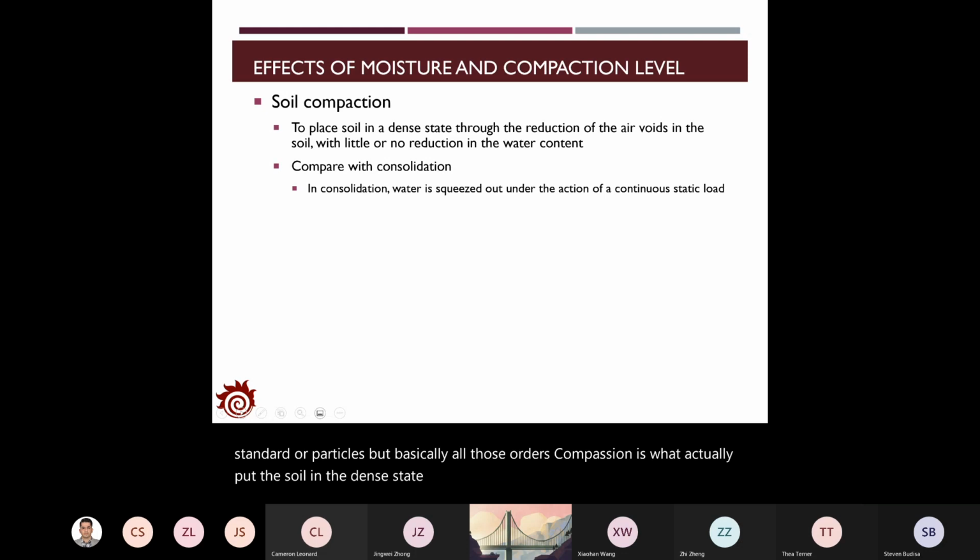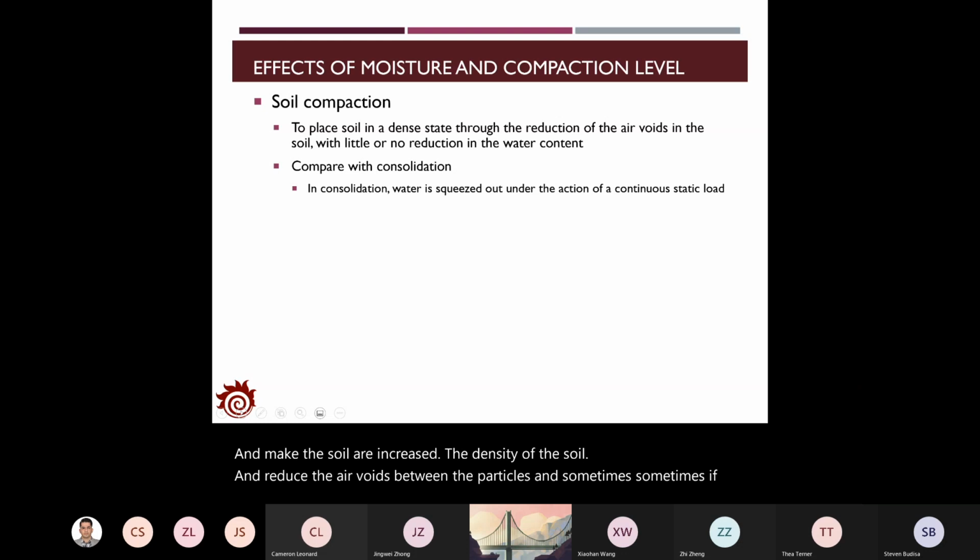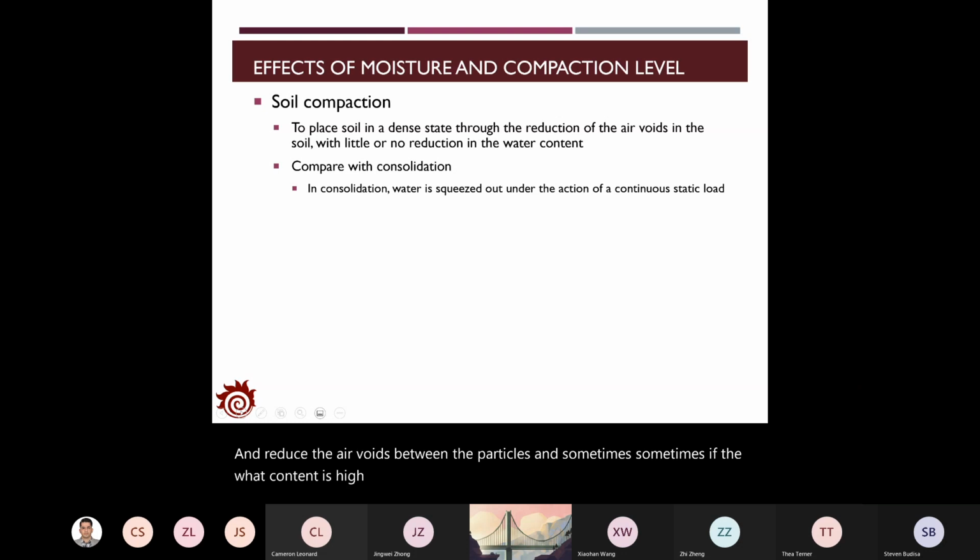So they will apply some weight to the soil and increase the density of the soil and reduce the air void between the particles. And sometimes if the water content is high enough, the water from the soil can be squeezed out, and this will reduce the water content a little bit.